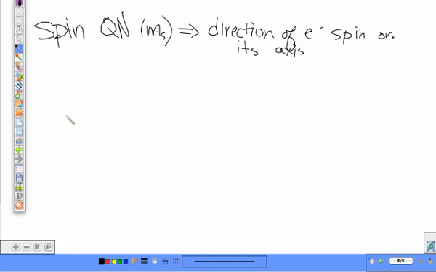So not like it's spinning around the nucleus in a certain direction, because they can take random paths. But it's spinning on its axis like the Earth spins on its axis. And so MS can equal what? So you have two values. They have to have opposite spins, which is why there are 2 electrons per orbital.